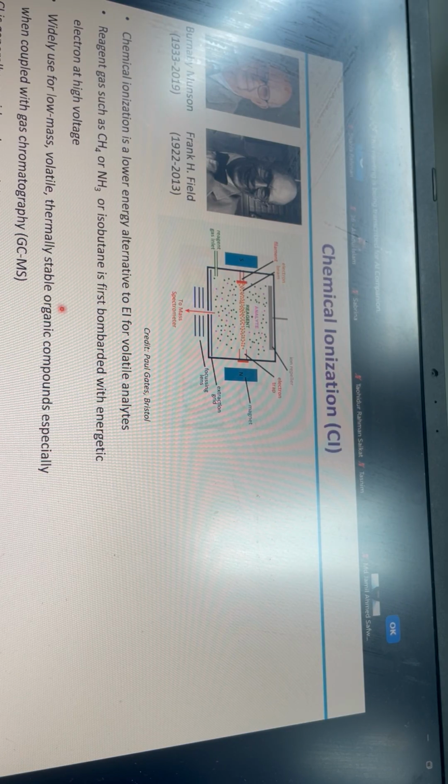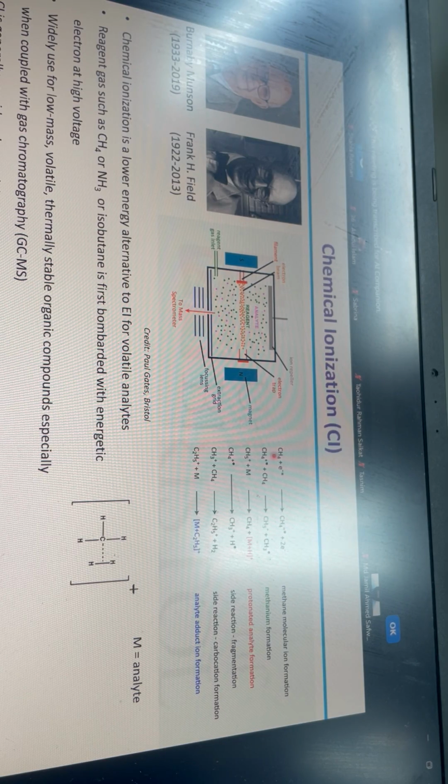So what happens if you have methane? Methane is a reagent gas, and then you have electrons, the cathode ray. It will interact with methane and excite it, and it will produce some radical cation.